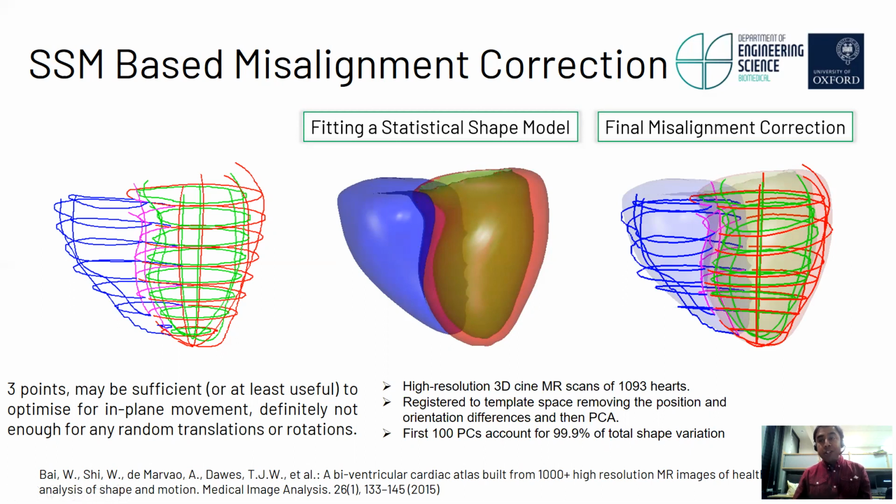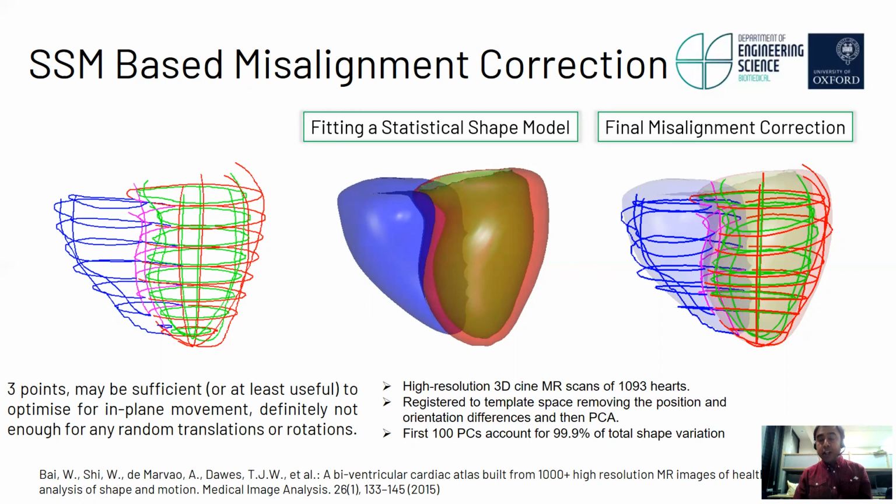Since we have this approximate representation of the heart now, we can perform the contour-to-surface minimization, as compared to the previous point-to-point minimization which we did during the intensity based and contours based misalignment correction. And by that, we can solve the problem and provide an optimal misalignment correction from these contours.